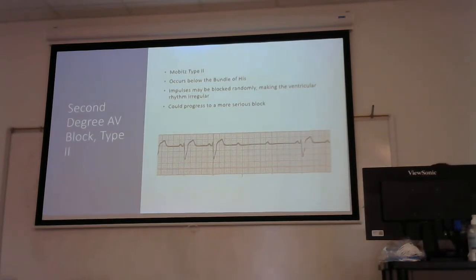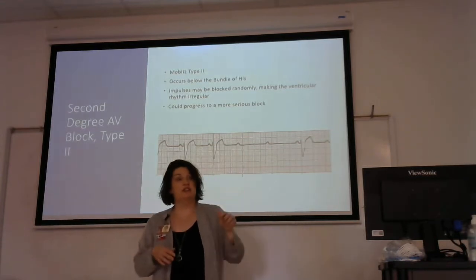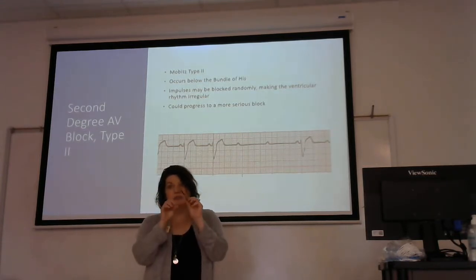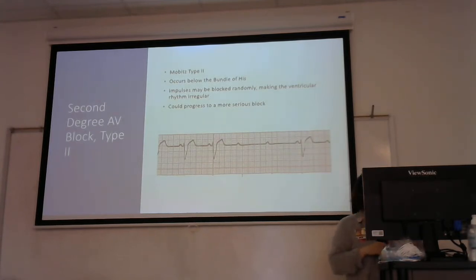So what's happening in second degree type 2 is there's a block and it's occurring below the bundle of His. So now y'all know the conduction system, you notice at like the very bottom, that's where this blockage is occurring. So what happens here is the impulses are just randomly blocked, okay?